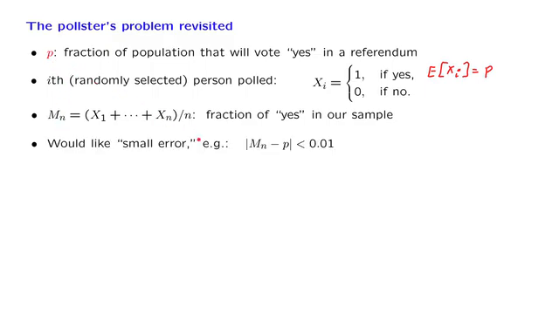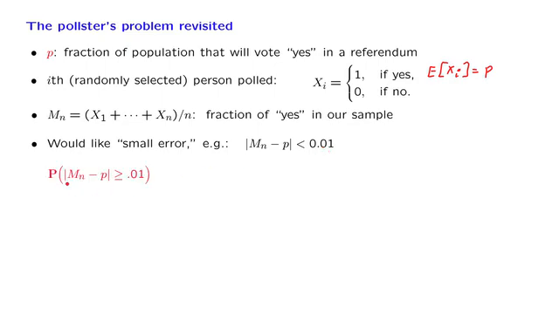We would like the error in our estimation to be small, that is, the difference between the sample mean and the true value p to be small, less, let's say, than 1 percentage point. Now, there's no way of guaranteeing that this spec will be met with certainty unless we sample almost everyone in the population, but what we can do instead is to ask that these specifications are violated with only a small probability.